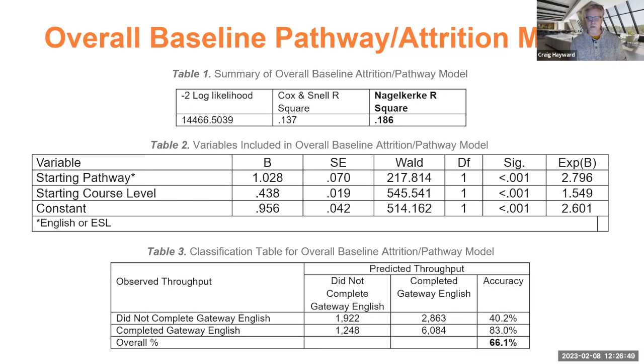And this 2x2 table is the last table here, table 3. It's called the classification table. Sometimes it's called a confusion matrix. And you can see the number in bold. The overall accuracy of prediction was 66.1, again, just based on knowing nothing more than which pathway they started in and what course level.